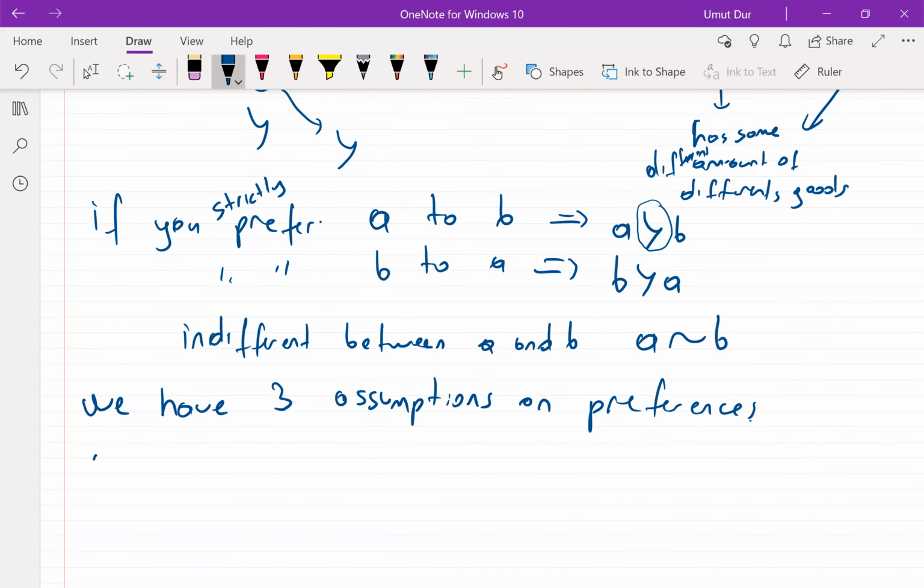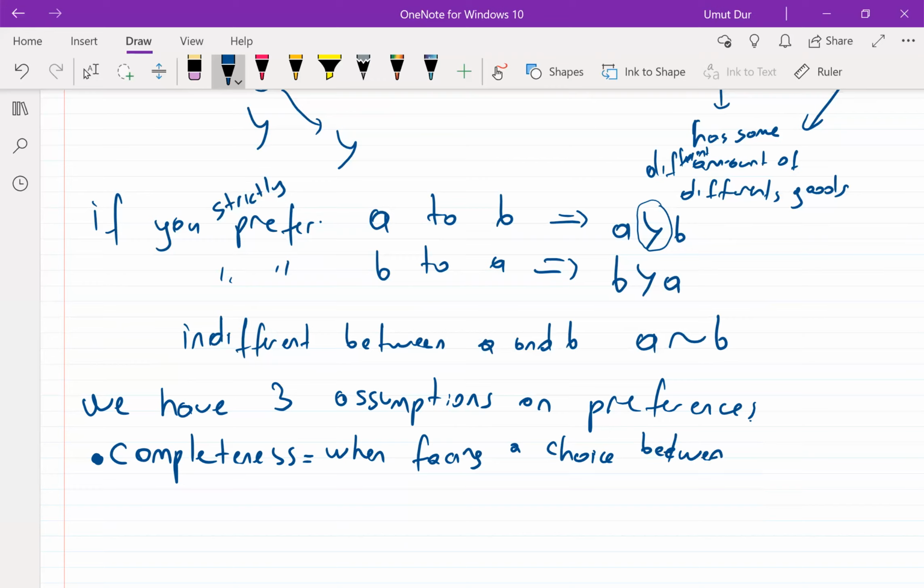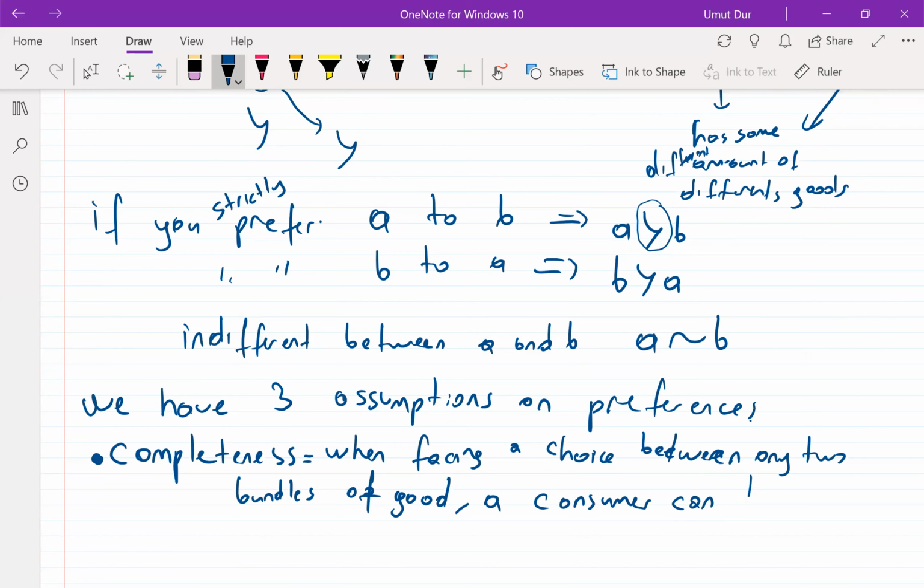The first one is completeness, and it basically tells us that when facing a choice between any two bundles of goods, a consumer can rank them.